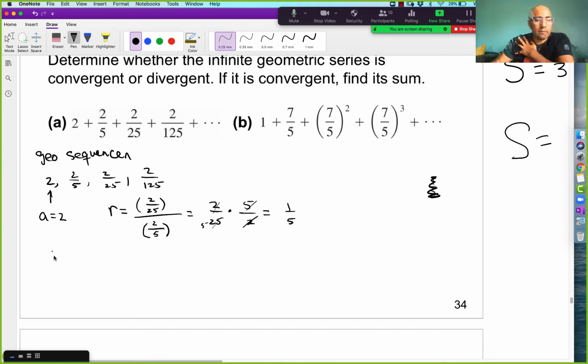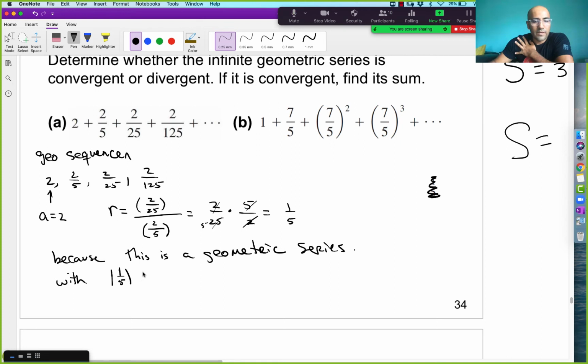Note that because this is a geometric series with absolute value of r, which is absolute value of 1/5, being less than 1, it converges.